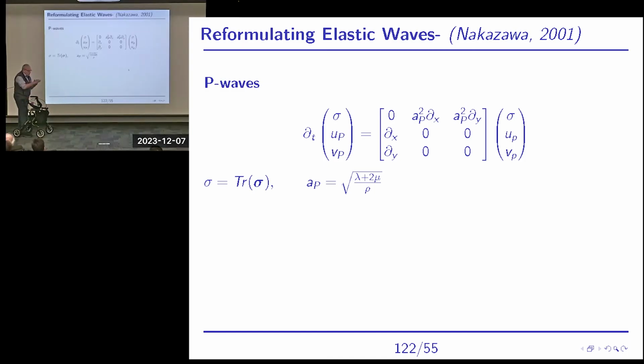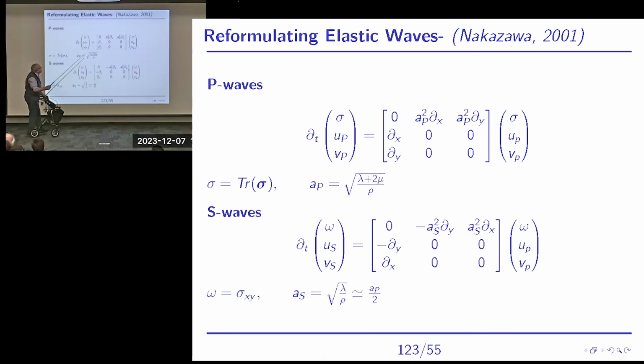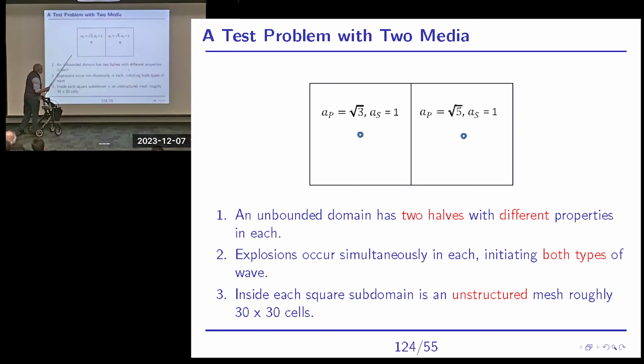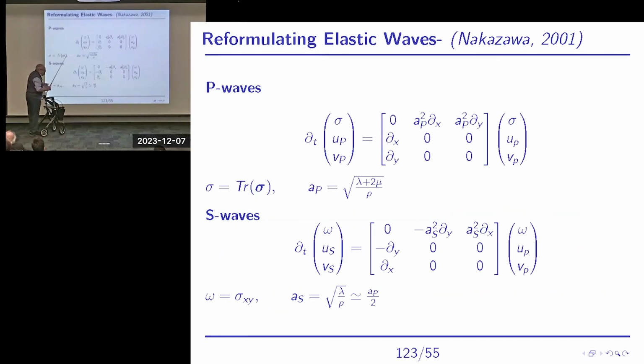There are so-called P waves, which are compression waves doing this, and the S waves, which are torsion waves doing that. And it was a discovery of my student Shuichi Nakazawa in 2001 that you can write these as two independent first-order systems. They have identical form, but they have different wave speeds and different behavior. One depends on the kernel and one depends on the inversions.